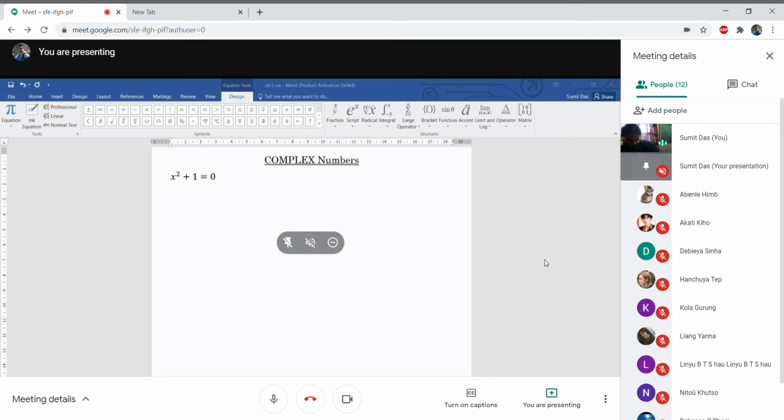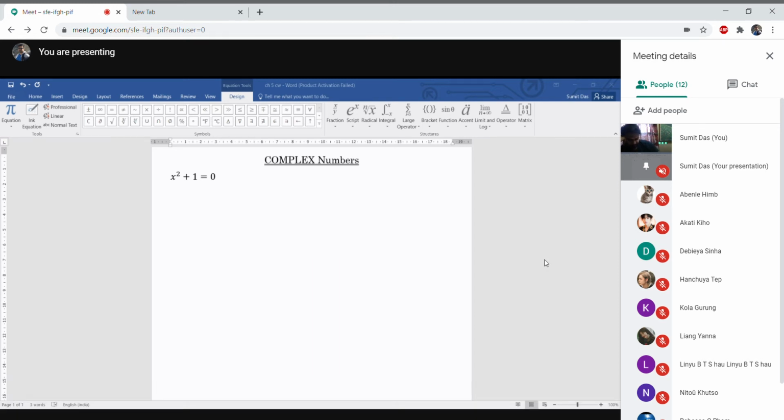What kind of equation is this? Anyone? What type of equation is this?